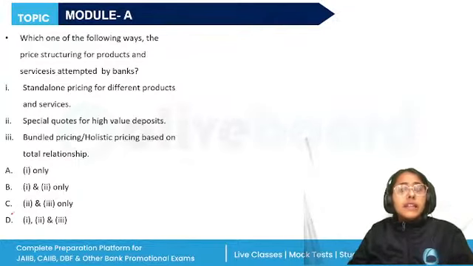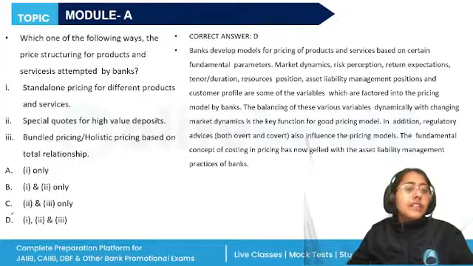So the price structuring for the products and services followed by the banks can be any of the above. Either the banks can use standalone pricing, which will be the horizontally organized, special codes for the high value, which will be the predominantly organized, or bundled pricing will be the vertically organized.